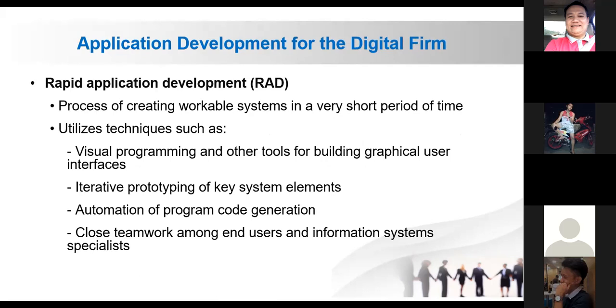Application development for the digital firm. Rapid application development. Rapid application development includes the use of visual programming and other tools for building graphical user interfaces, interactive prototyping of key system elements, the automation of program code generation, and close teamwork among end users and information system specialists.